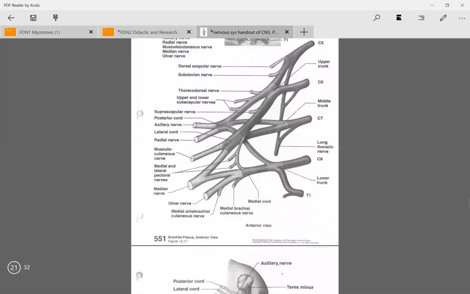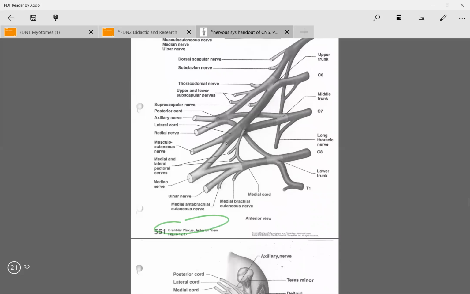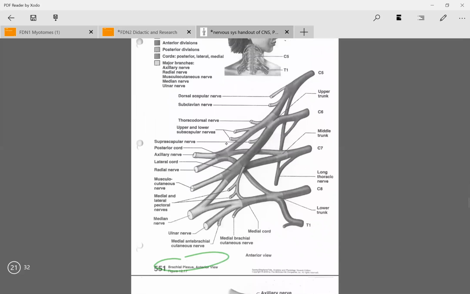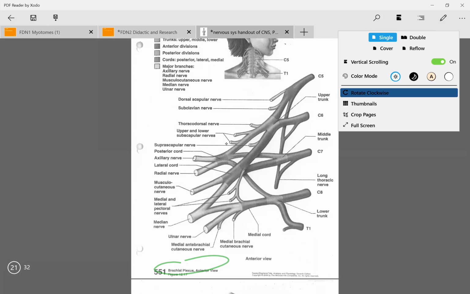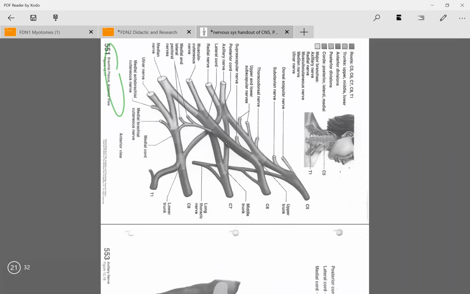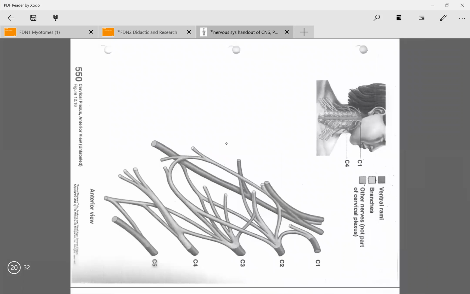Okay, this is the brachial plexus, and we're going to be spending a bit more time on this one. Actually, I'm going to rotate this. All right.